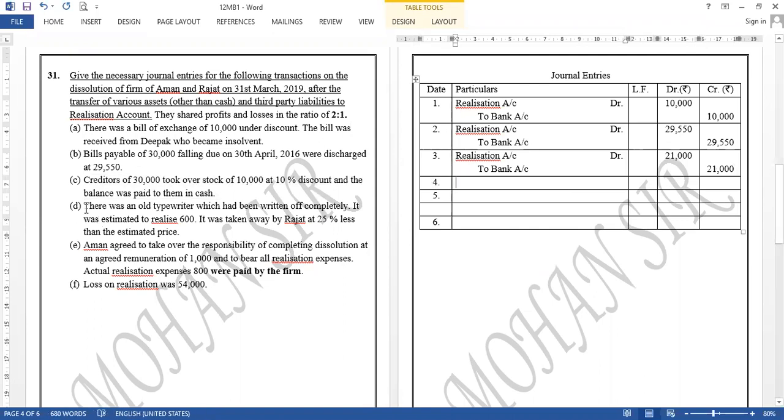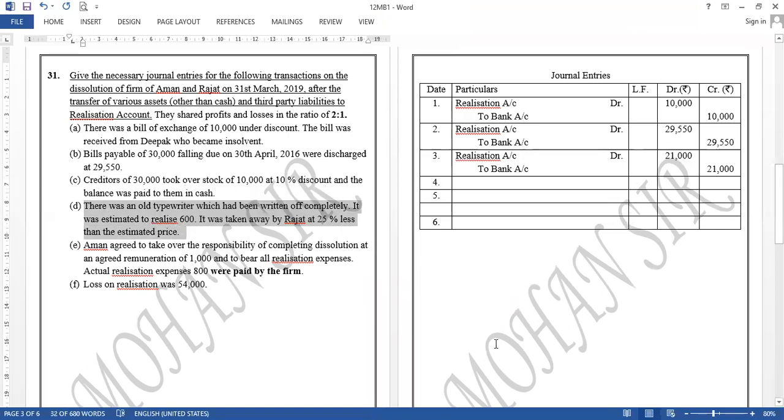Next, there was an old typewriter which had been completely written off. It was estimated to realize 600. It was taken over by Rajat at 25% less than the estimated price. Asset taken over by partner. Entry, please.